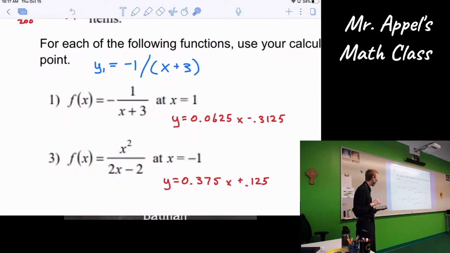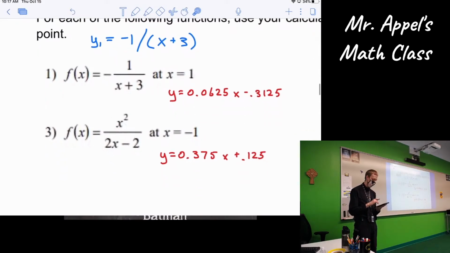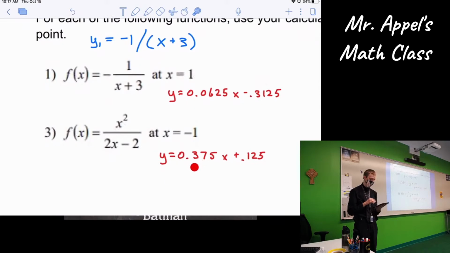All right, so you follow that process, and this is what you get. Again, this is the closest decimal approximation the calculator gave me. You should have something pretty darn close to this. Number 3 then, 0.375x plus 0.125. I think on the calculator screen it was like 0.12500000001.